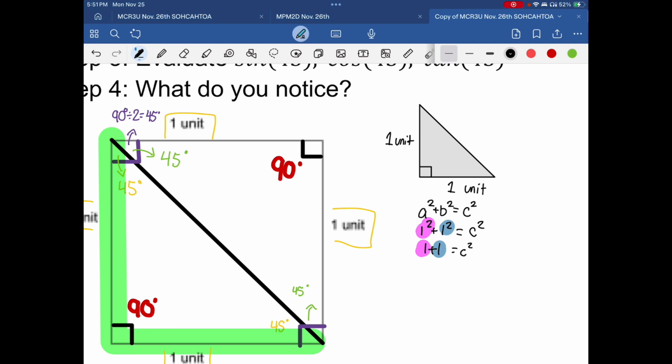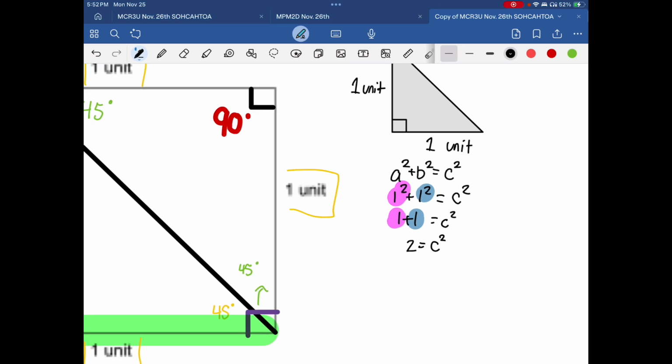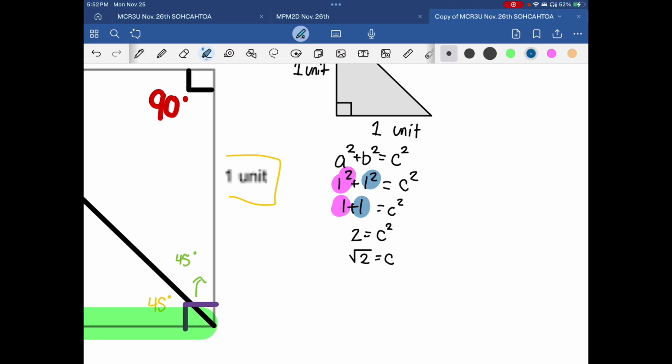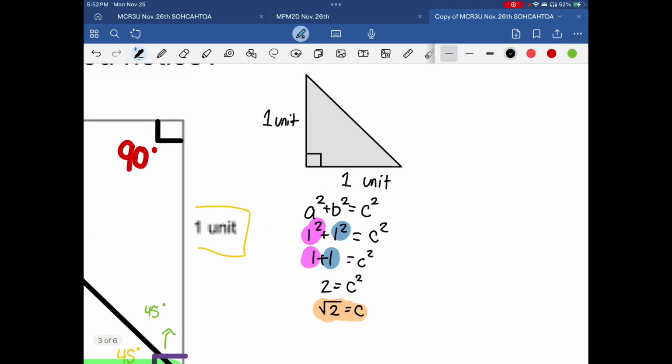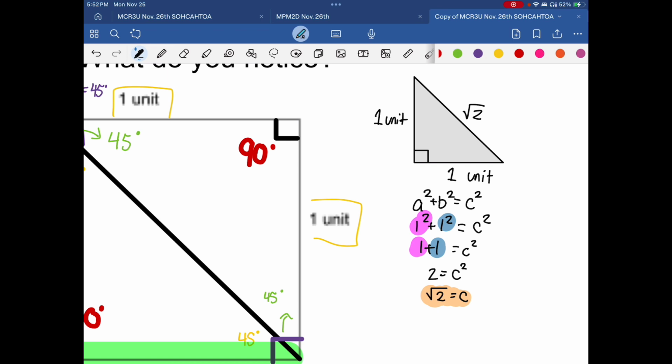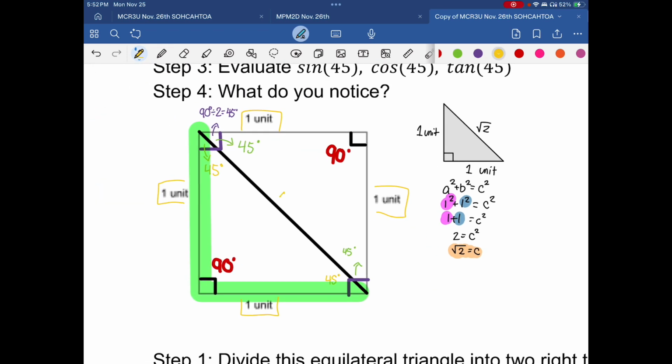Then I know that 1 plus 1 gives me 2. But I want to know just my hypotenuse. I don't want to know the squared length of my hypotenuse. So I'm going to square root both sides. So then I know that the hypotenuse of my triangle is actually root 2. So I'm going to put that on my square. Sorry, not 1 unit. It is root 2 units.